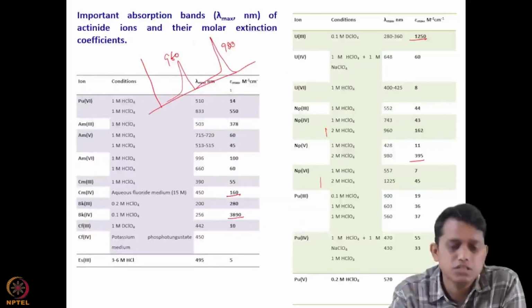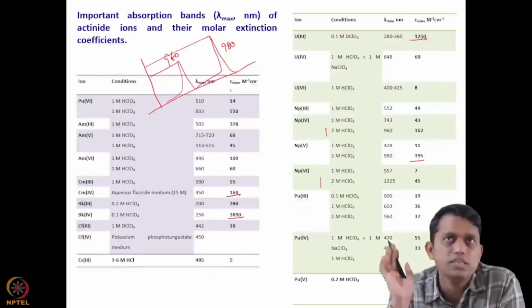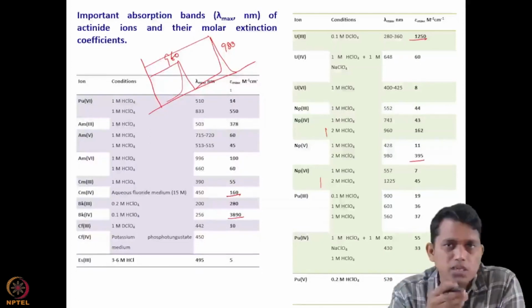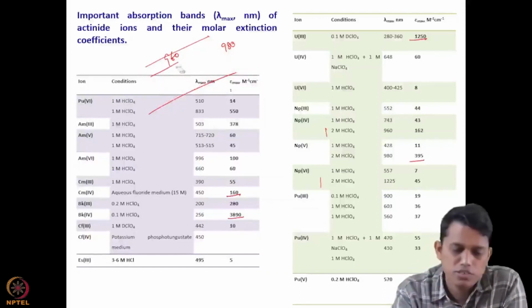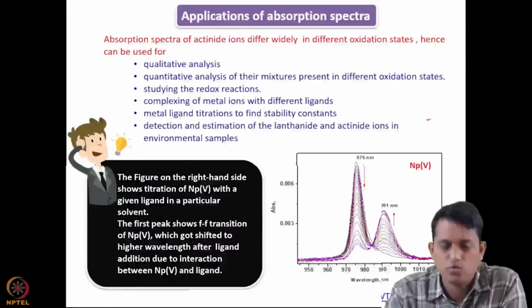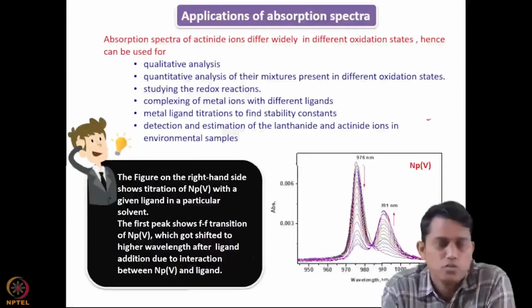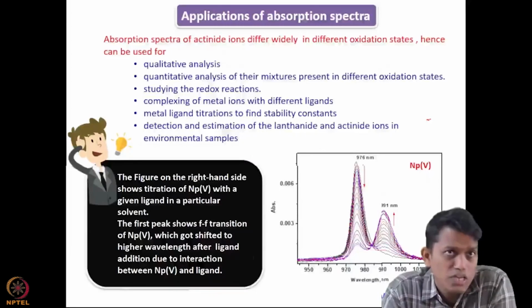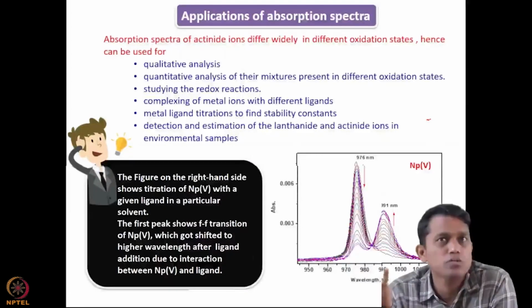Even for mixtures, if the peaks are well resolved, you can easily get quantitative information on how much of the neptunium is present as neptunium 5 and how much as neptunium 4. So you can do some quantitative analysis also. Similar is the case with plutonium. You can do quantitative analysis of any other actinide that you want, provided you know the epsilon in that particular medium, because epsilon does change depending on the medium.